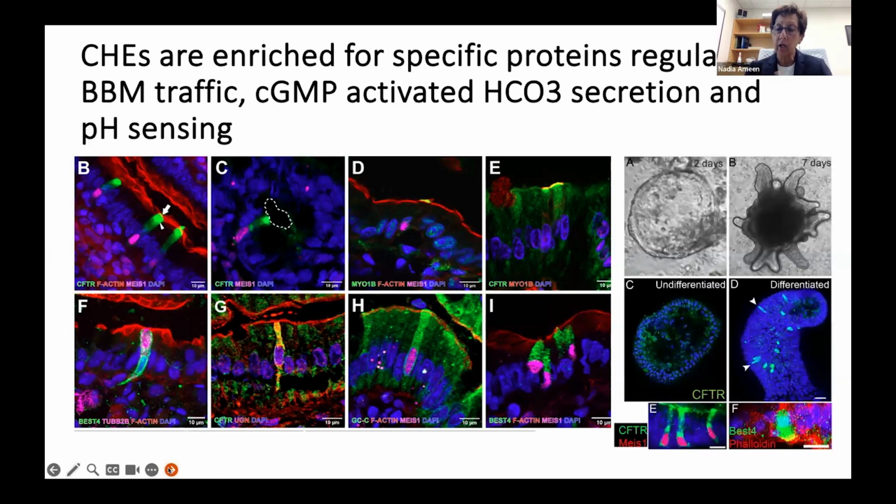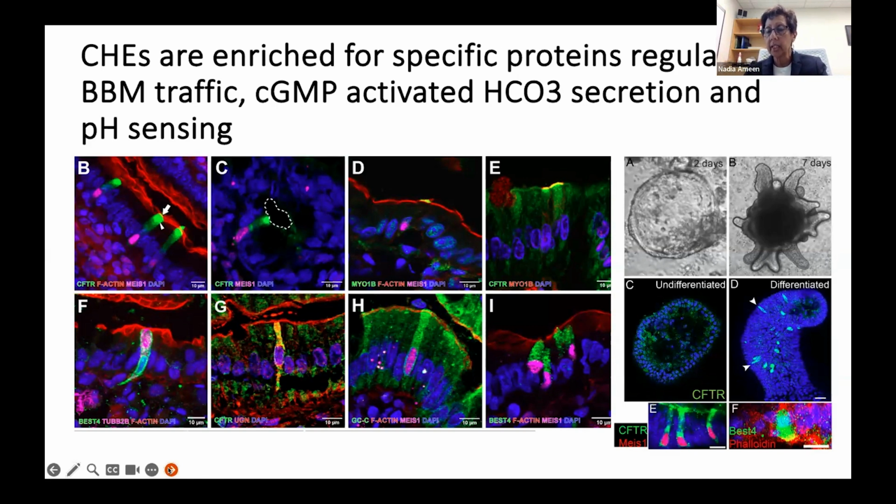Together with my collaborator in genetics, we developed a rat organoid model to identify and work functionally with these cells. We developed a rat jejunal organoid, since these cells are most abundant in the rat jejunum.